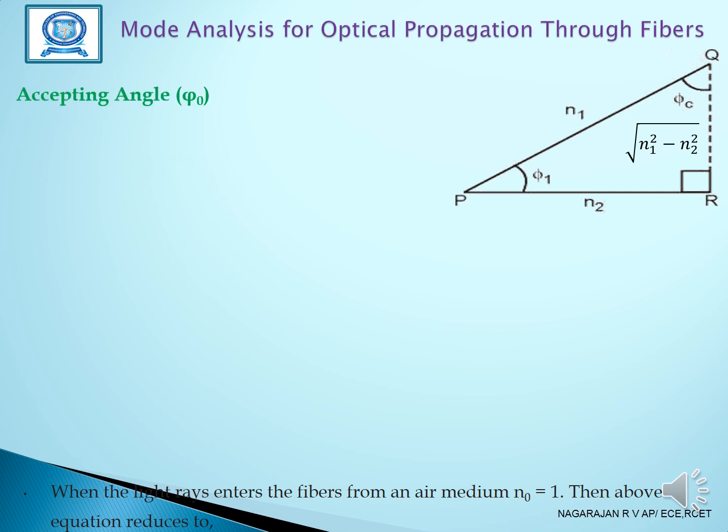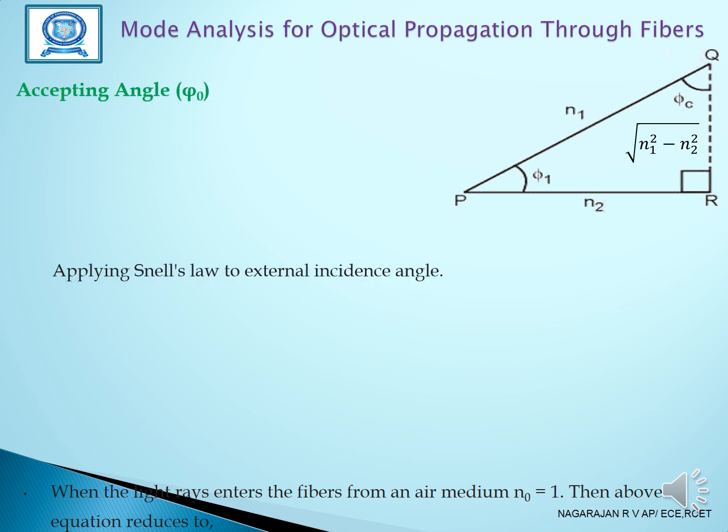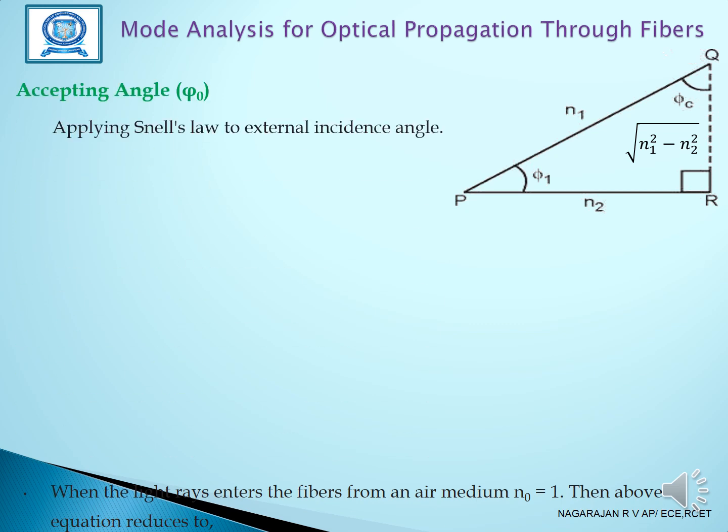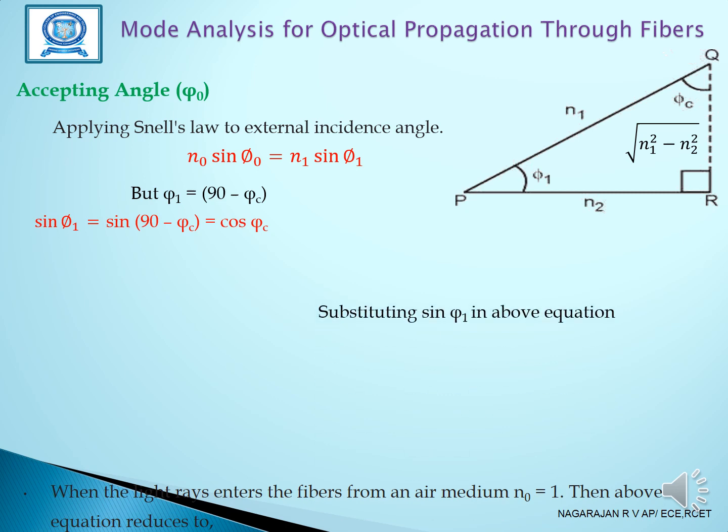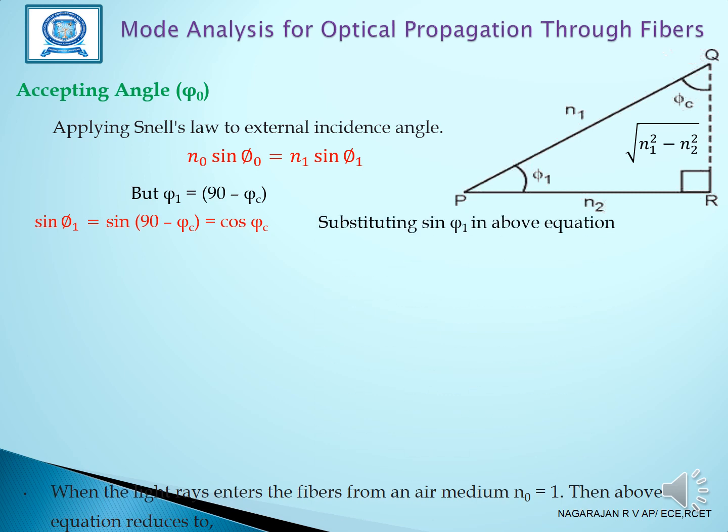Let us see the acceptance angle. Applying Snell's law to the external incidence angle, N0 sin phi 0 is equal to N1 sin phi 1, but phi 1 is equal to 90 degrees minus phi c. So sin phi 1 is equal to cos phi c. Substituting in the above equation, N0 sin phi 0 is equal to N1 cos phi c.